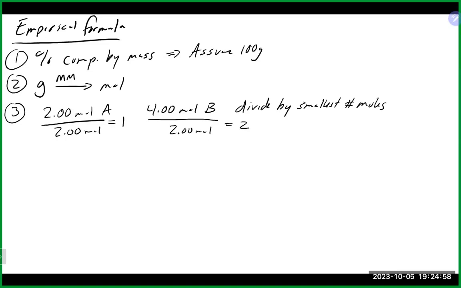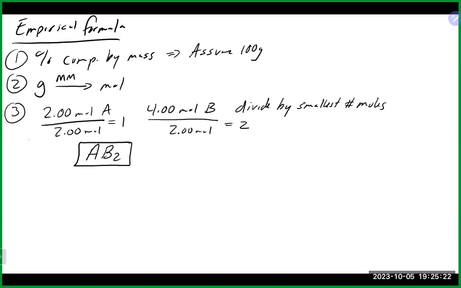Now, if we divide by the smallest number of moles and we hit whole numbers like we just did there, then congratulations, that is your empirical formula. In this case, it would be AB2 would be your empirical formula. Now, let's say, for example, though, that things didn't come out exactly perfect like that, which sometimes they do not.